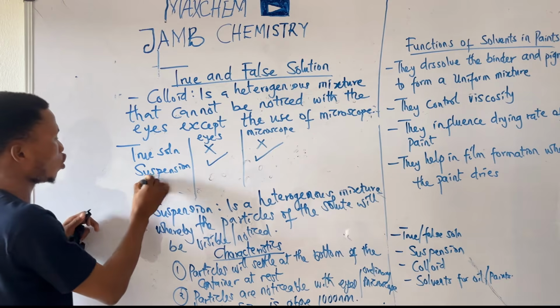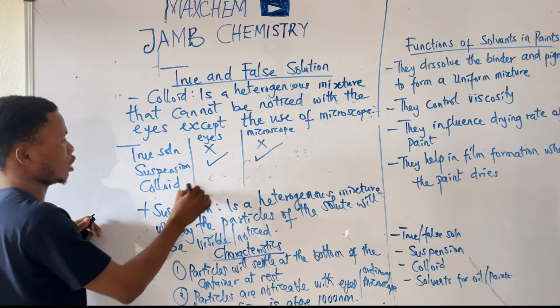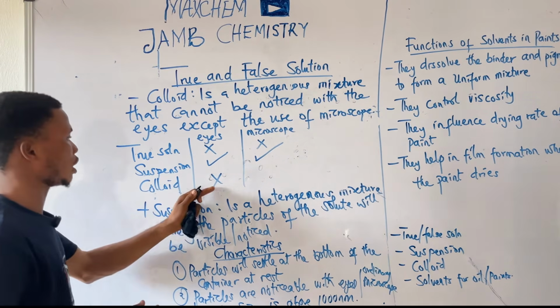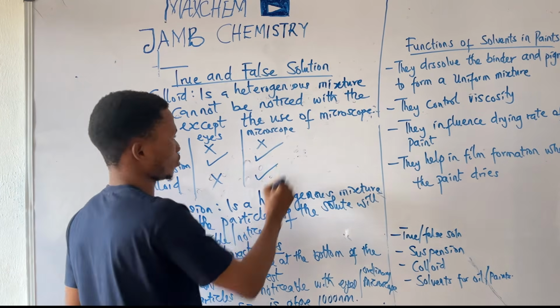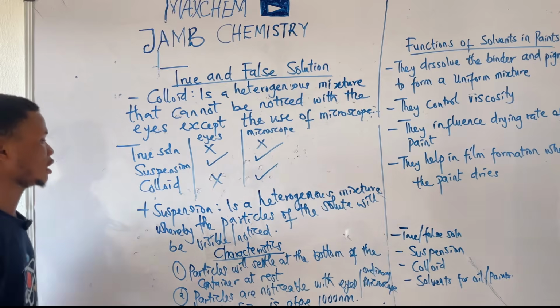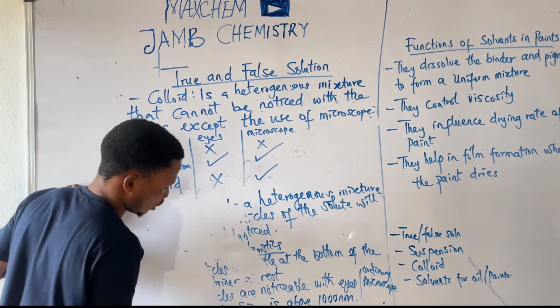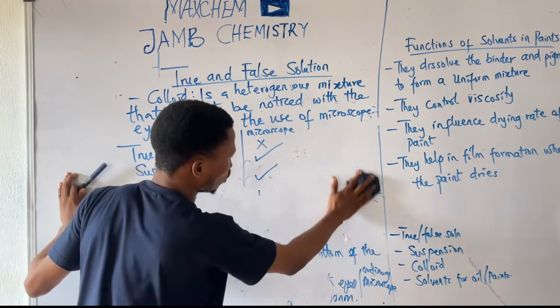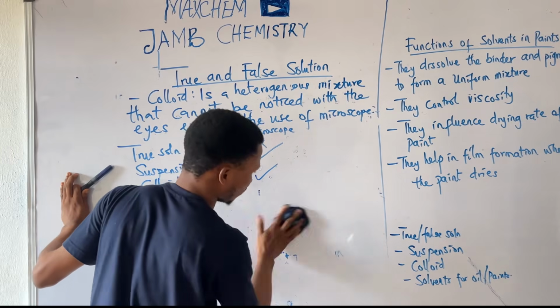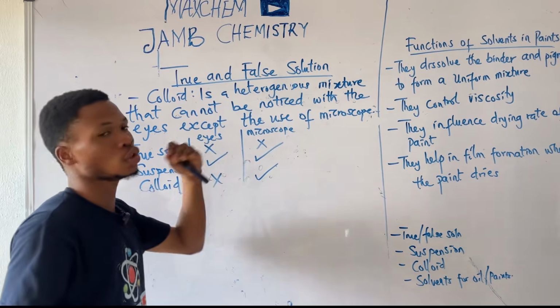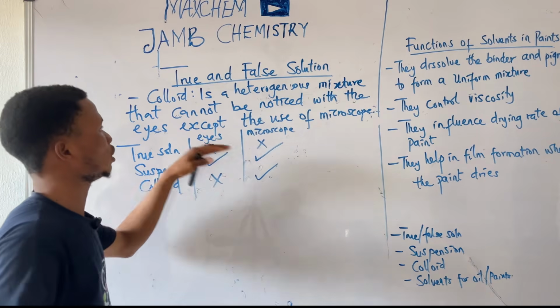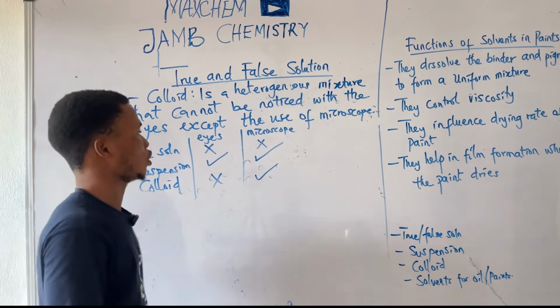But colloid, you won't see the particle with our bare eyes because it will look like it has dissolved finish, except we use microscope. So that is a colloid. A colloid is a heterogeneous mixture whereby the particles of the solutes cannot be noticed with the eyes except you use microscope.